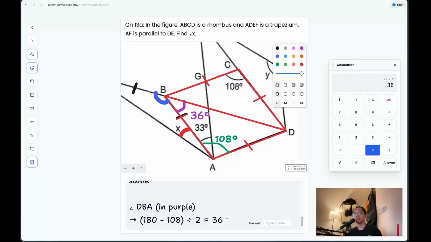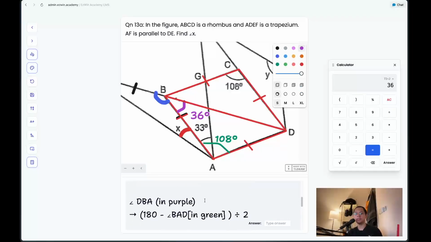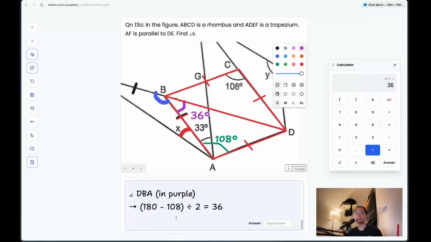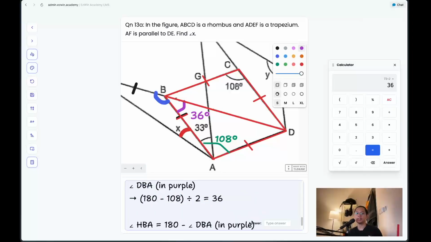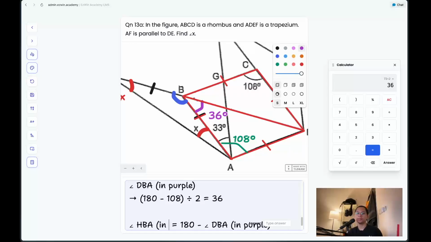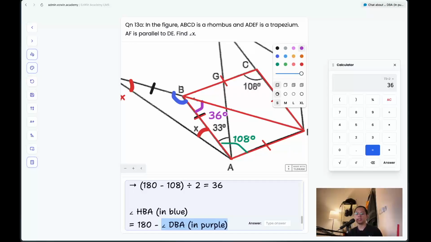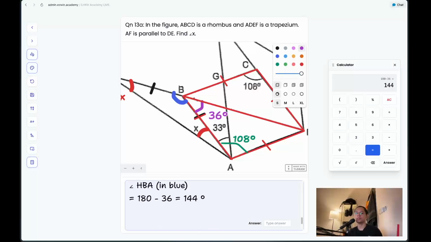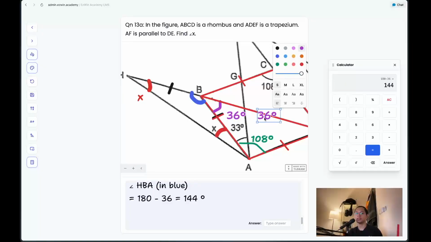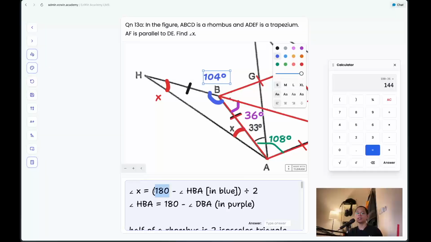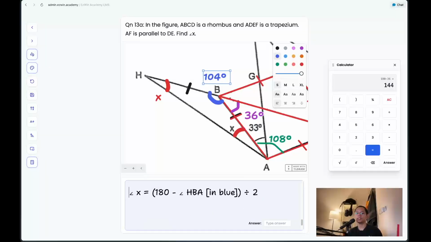Since we know DBA is 36 degrees, then we can get angle HBA, which is in blue, which will then be 180 minus 36, and this will give us 144 degrees. So now we know HBA is 144 degrees. Then we can get angle X. So angle X over here would then be 180 minus 144 divided by 2, and this will give us 18 degrees. So the answer here is 18 degrees.